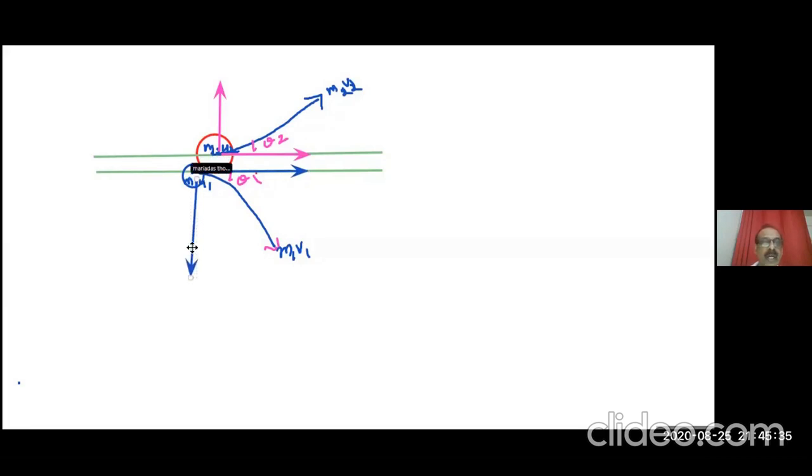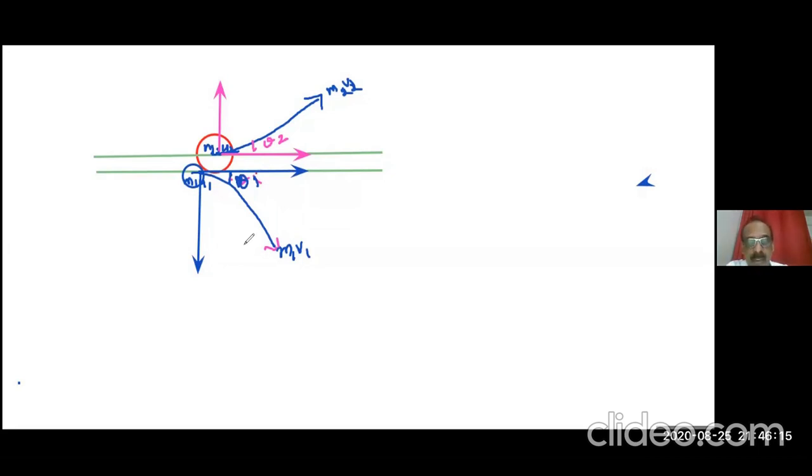After making an elastic collision as shown in figure, the velocity of m1 changes to v1, which makes an angle theta 1 with x-axis.